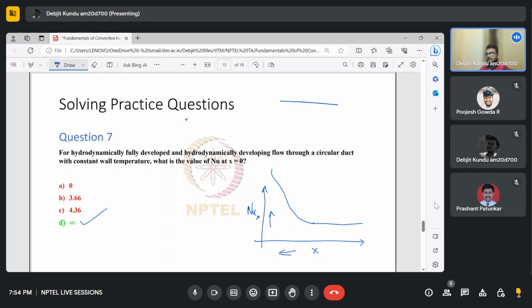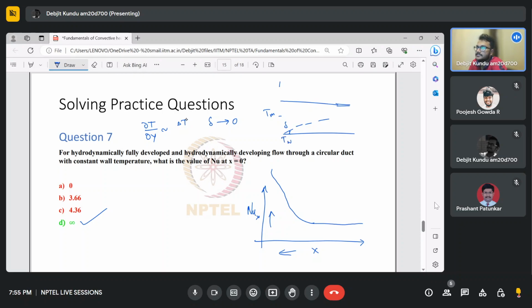Because let's have a look at what is going on here. At exactly x equal to 0, the boundary layer just starts to grow. So the thickness of the boundary layer, delta, tends to 0 over there. So you can imagine that the temperature gradient there, dT/dy, scales as delta T, that is the temperature difference between the bulk mean temperature and the T wall.